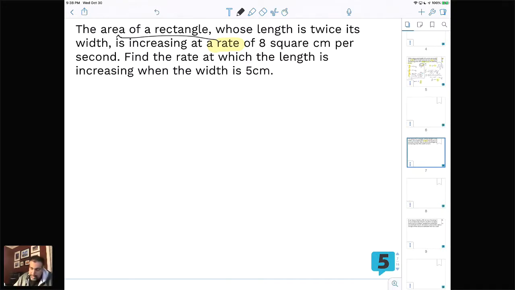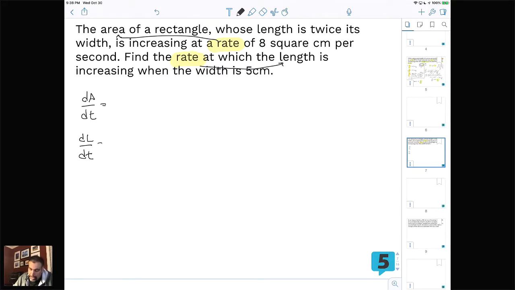What you should have done with this particular rate is come up with the derivative called dA over dt. As you continue to read the problem, you see the keyword rate again, and you ask yourself, what's changing this time? This time, find the rate at which the length is increasing. So we're going over here to length. I would call this one dL over dt. Those are the only two rates we seem to have in this problem.